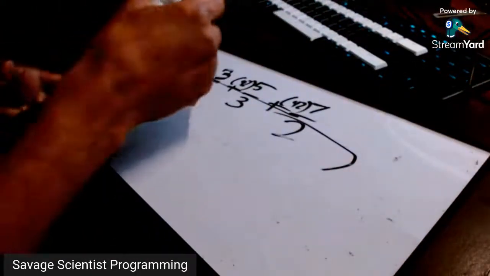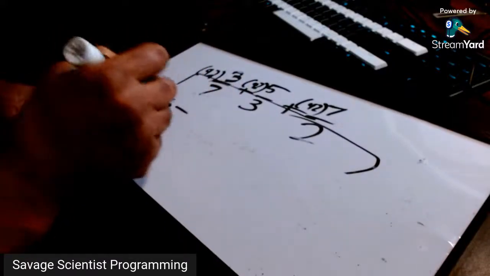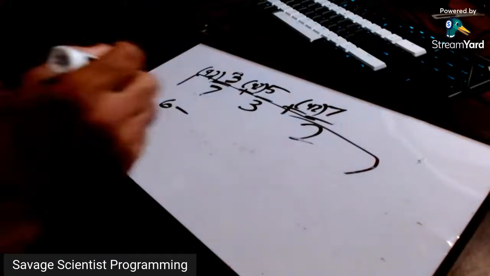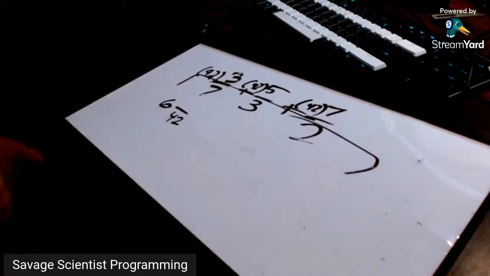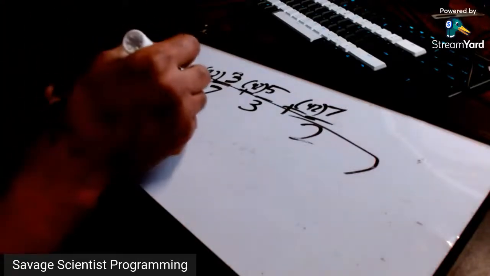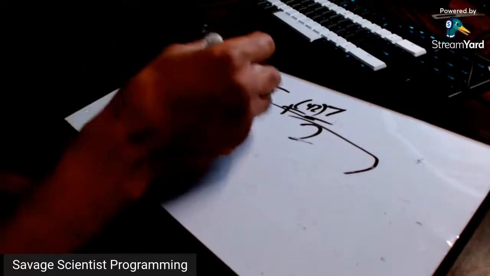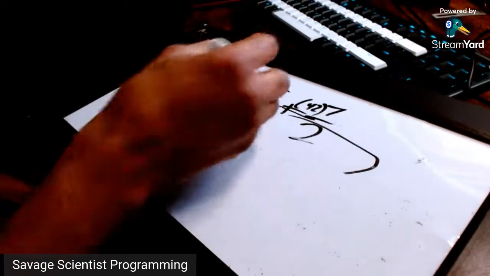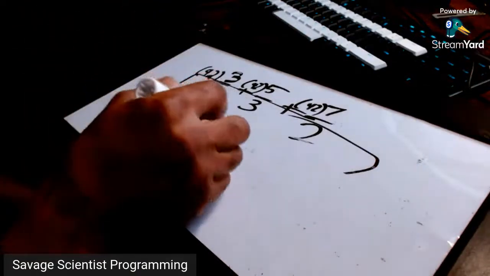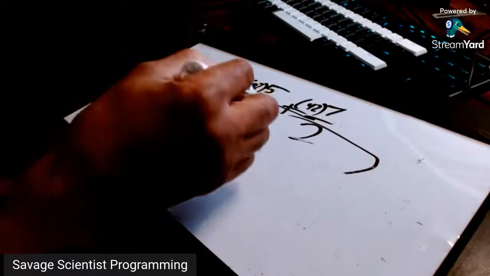So 7 going into 42, 6 times. See that? You see where that's coming from? Put our LCD down here. So we're going to have 7 times 3. So 42 go into this second part of the fraction. 42 go into this 14 times, I think.